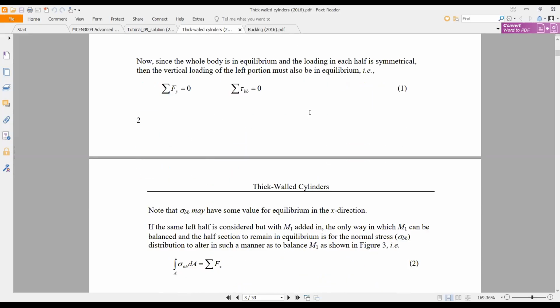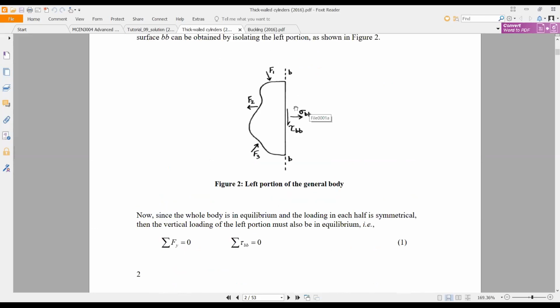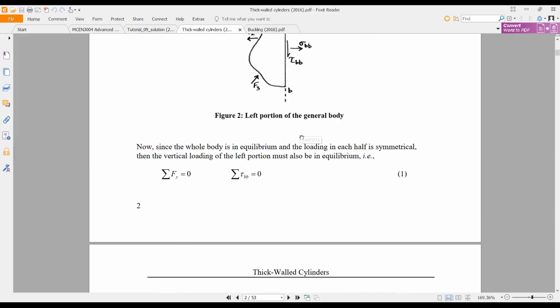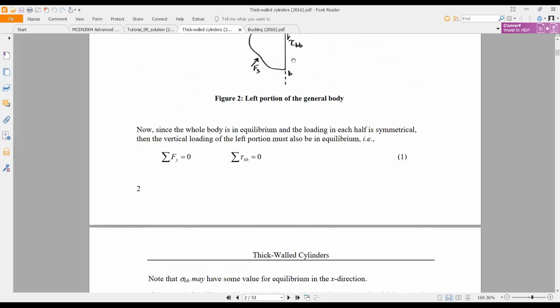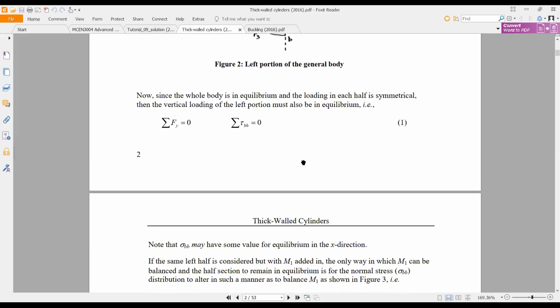So in that sense, when you get the horizontal force summation, there will be this sigma BB, the stress on the BB plane, and the shear stress on the BB plane. So shear force will be addressed with the vertical force balancing, as I told you earlier, and the nominal stress will be addressed with the horizontal force balancing.